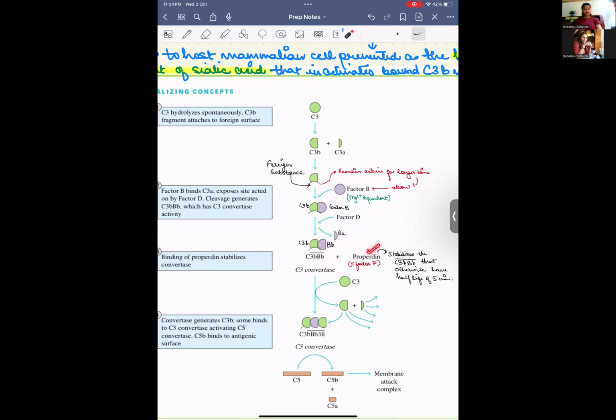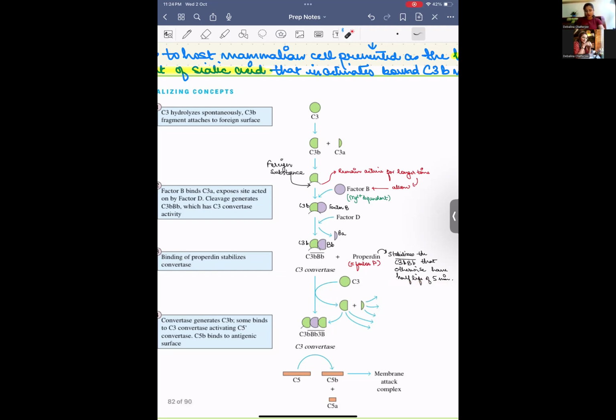If this properdin is not present, the C3bBb disintegrates, so the half-life of this complex is around 5 minutes. So within 5 minutes, the concentration of this complex is halved. In the next 5 minutes, the concentration is further halved. So that's why we have half-life estimation of these products.